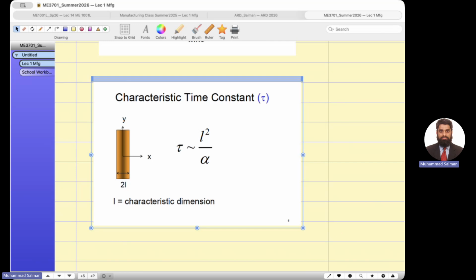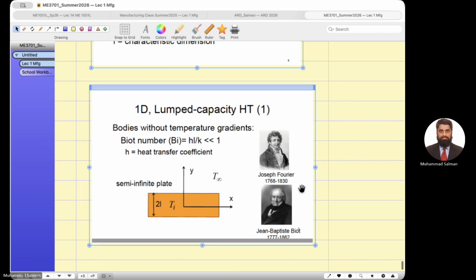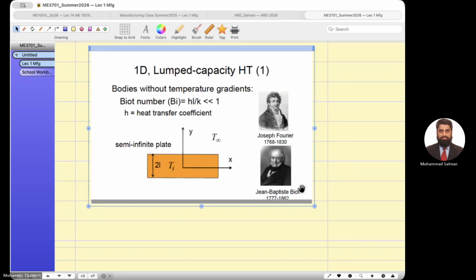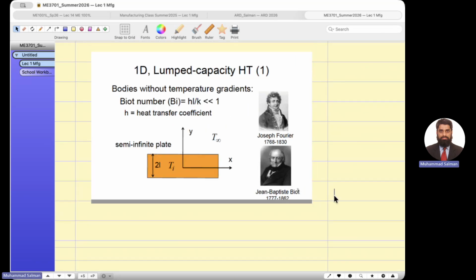And now let's go to the slide. Biot number, Fourier and Biot in the 18th century. Yes. So let me cut and paste again. Jean-Baptiste Biot. Have you understood this plate?